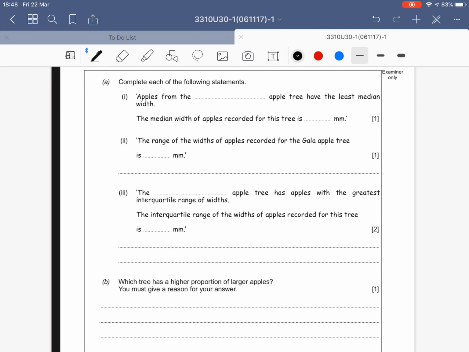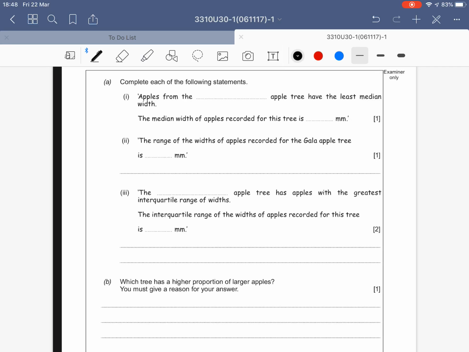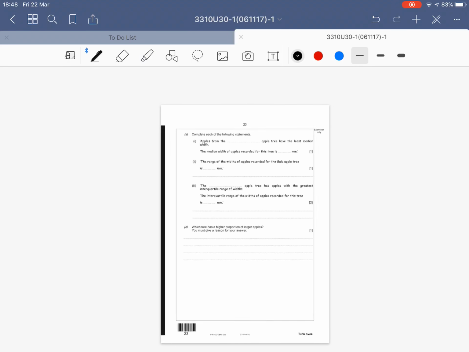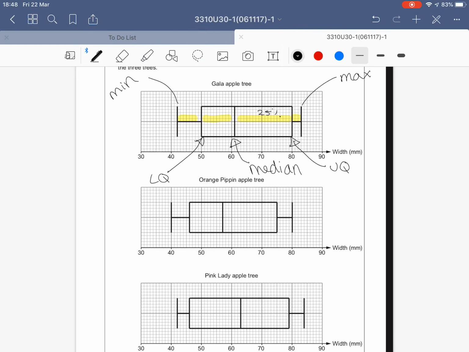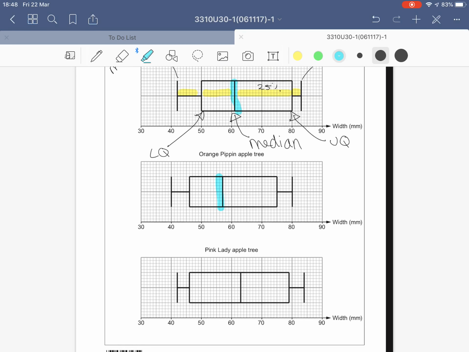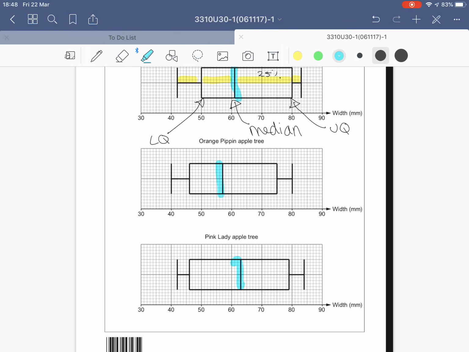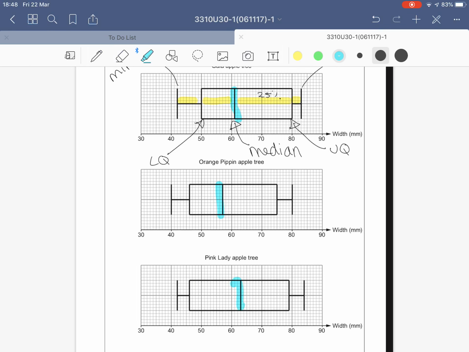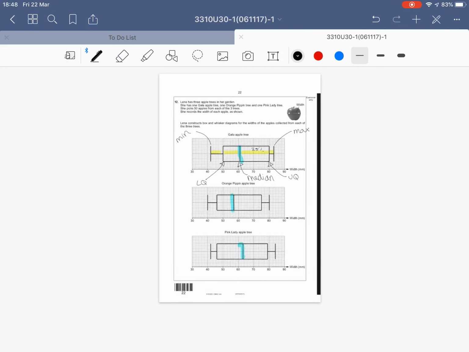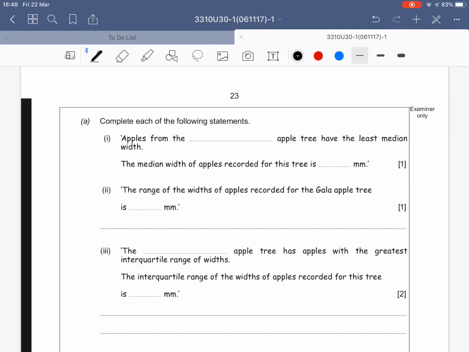So complete the following statements. Apples from something tree have the least median width. So we'll know where the median is. Let me highlight them all in blue. So that's a median. Luckily they've got all the same from 13 to 19. It's all symmetrical. So we can see the one furthest down is the orange pimpin.